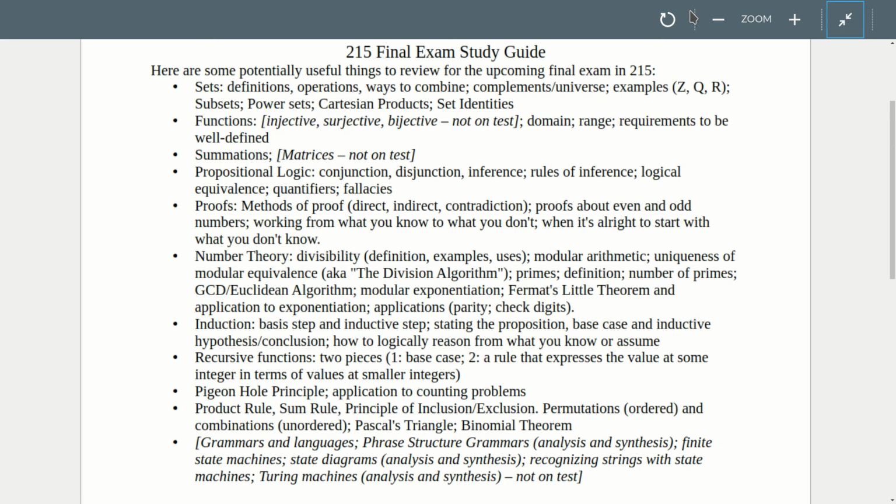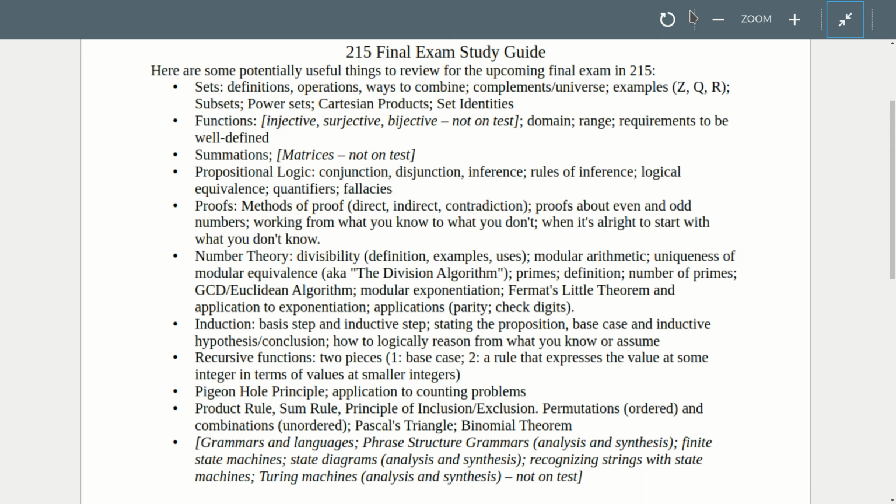And then generally permutations come out of the product rule and they apply to ordered collections of things. So if you want to choose objects in a particular order, right, you can break that into a set of tasks. Choose the first item, choose the second item, choose the third item. And if you have n items to pick from, you can choose the first item n ways, second n minus 1, third n minus 2.